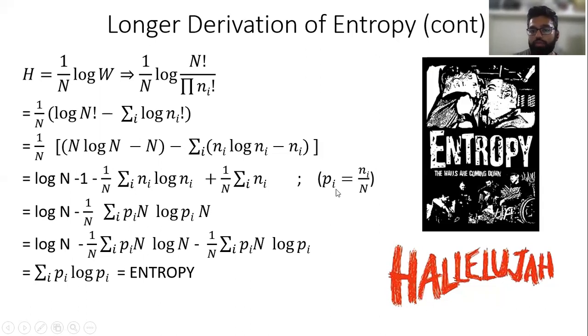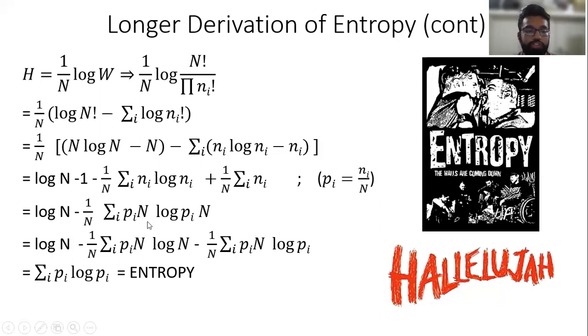Now we know that p_i is equal to n_i over n. So let's substitute n_i as p_i times n, the overall number of identical objects that we have. So that's summation over i of p_i n times log of p_i n.